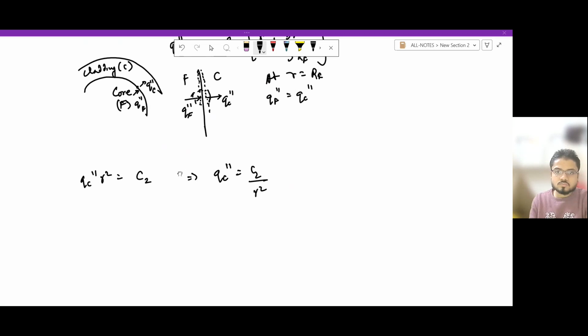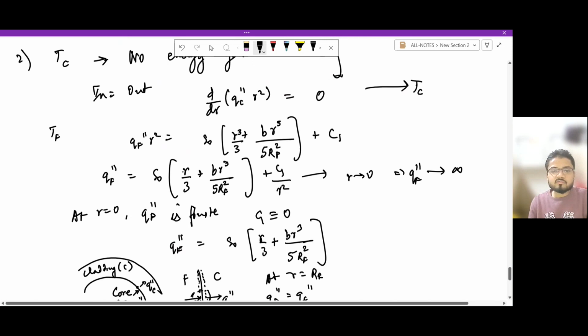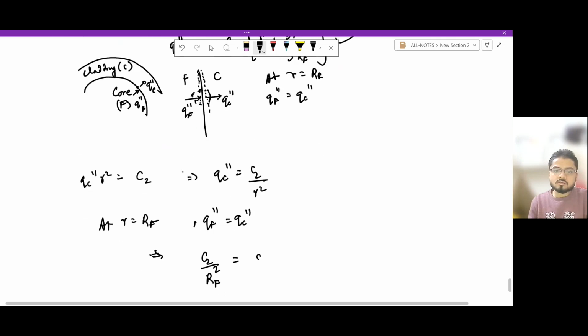And at R equals to RF, we've got QF double prime would be equal to QC double prime, which implies, let's write the right-hand side first, C2 over RF squared would be equal to, QF can be written as this one, and write it like that.